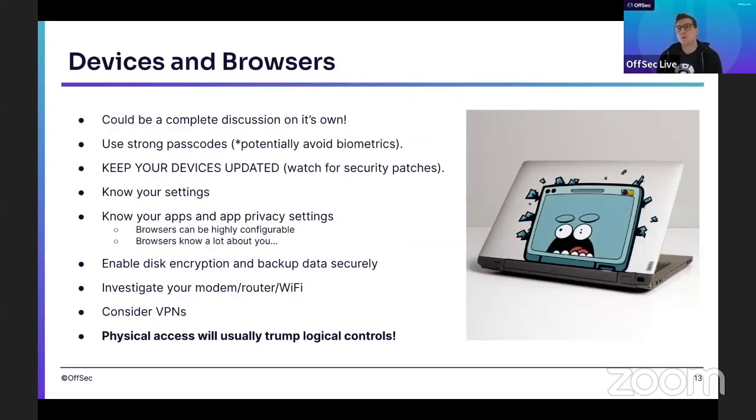So we've talked about passwords being really important. We've talked about MFA and some of the weaknesses. One of the next big topics that people bring up when you talk about being secure online or wherever you are is your devices and browsers. Again, this can be another complete discussion on its own.